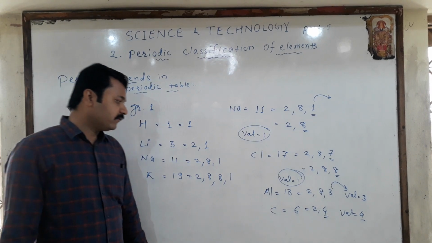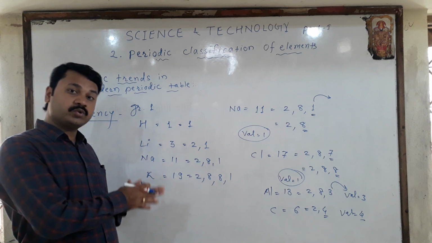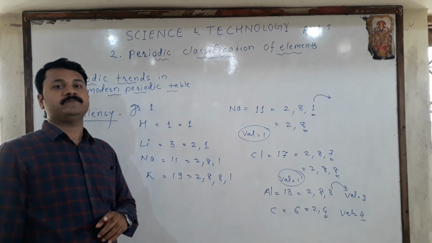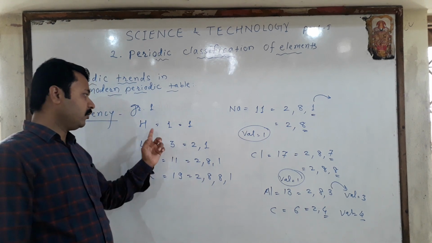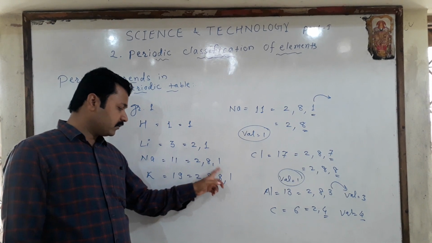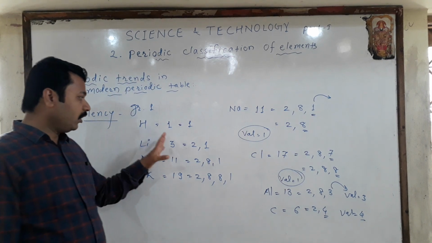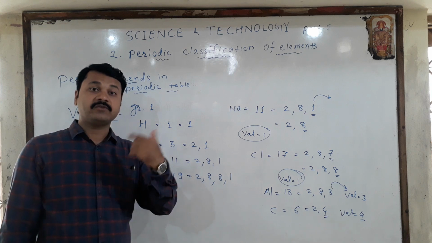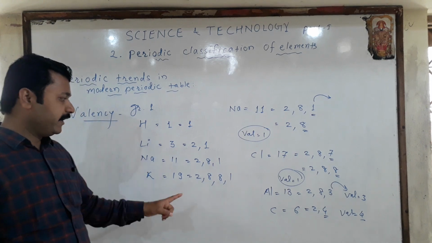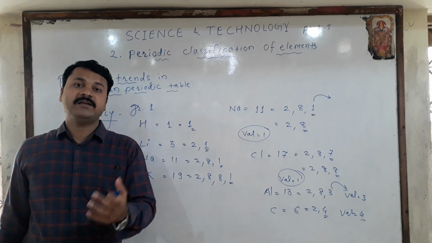So from this we can say that all these elements belong to the same group, the first group. They have the same number of valence electrons, that is 1. Hydrogen has 1 valence electron, lithium also has 1, sodium has 1, potassium has 1. So all these elements donate 1 electron to complete their duplet or octet.